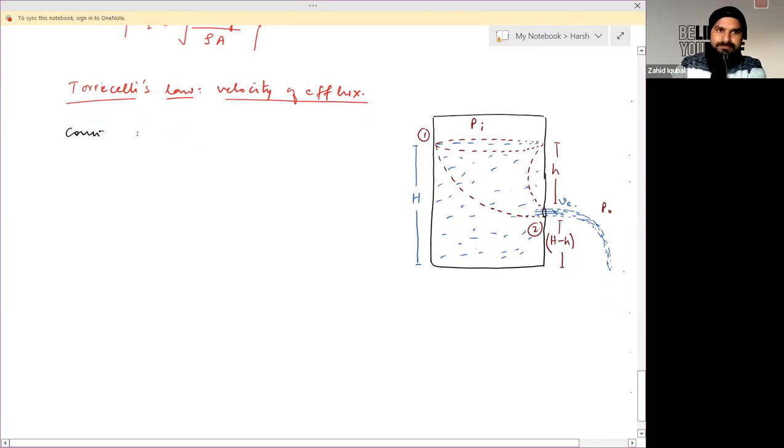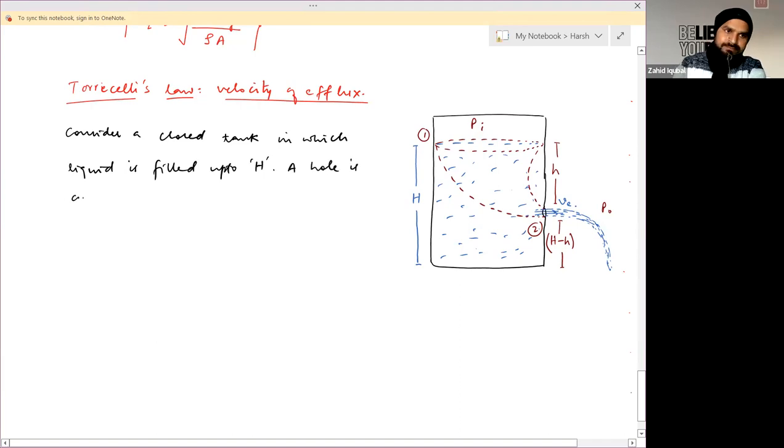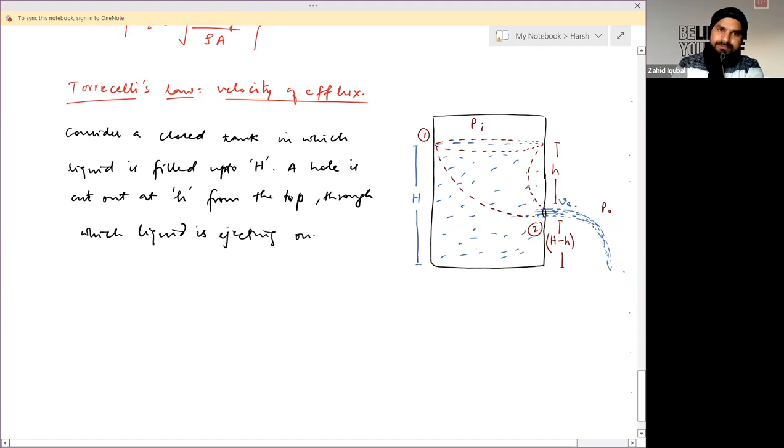Consider a closed tank in which liquid is filled up to H. A hole is cut out at h below the surface of the liquid from the top, through which liquid is ejecting out at velocity VE.